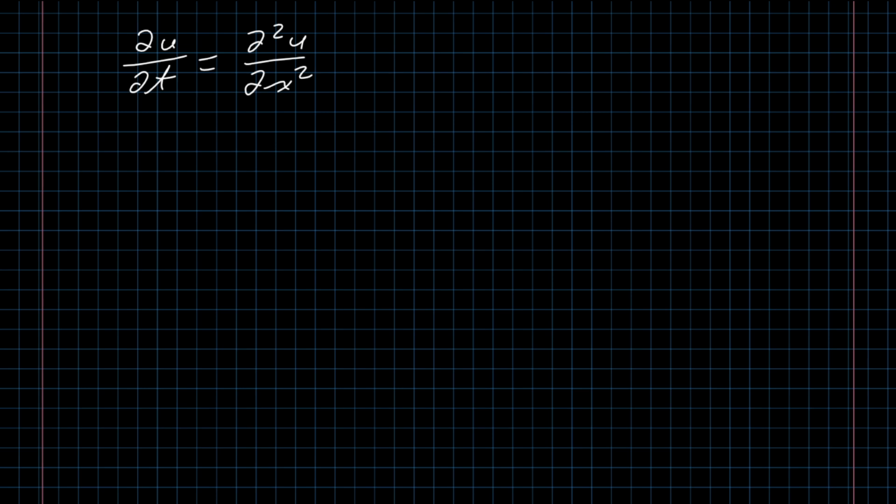So the new technique is one of those things that feels like a magic box the first time you see it. It is called separation of variables, but it has very little to do with the separable differential equations that we solved earlier in the course.